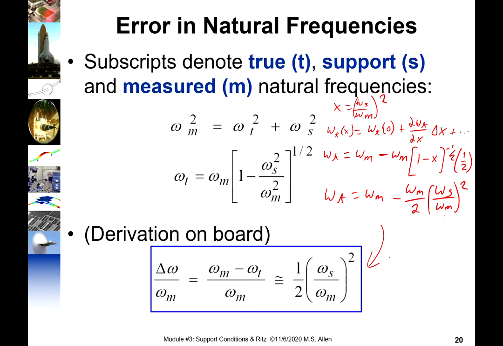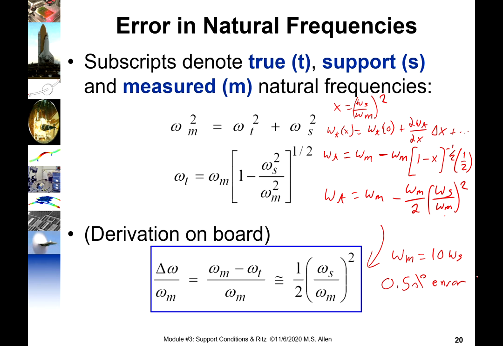And the key thing is that the error in the natural frequency, or the difference between the measured and the true, is 1/2 times this ratio of frequencies squared. So if our measured natural frequency is 10 times the support natural frequency, then what we will get is only 0.5% error in our natural frequencies.